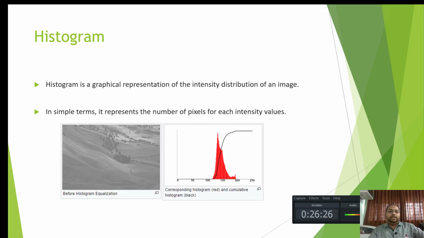Histogram is a graphical representation of intensity distribution of an image, right? So we have considered an image and represented its graphical distribution, which is nothing but the distribution of the occurrence of those particular gray levels. They have considered this as an image, and its corresponding histogram they have found out.